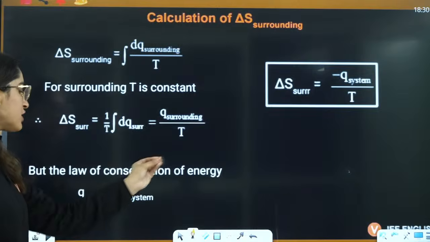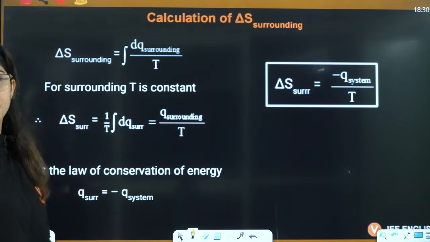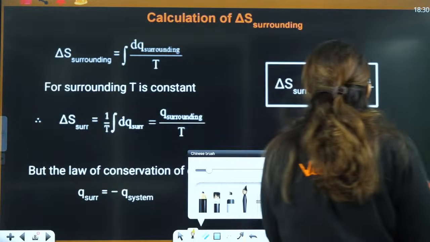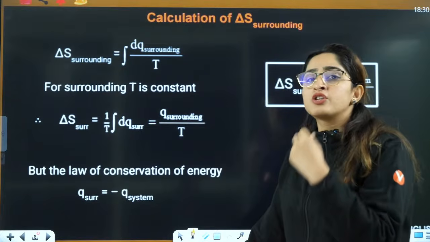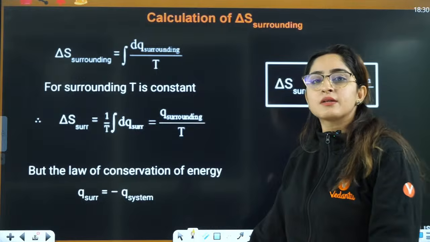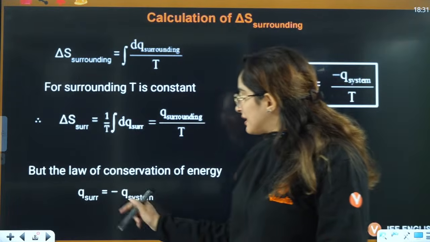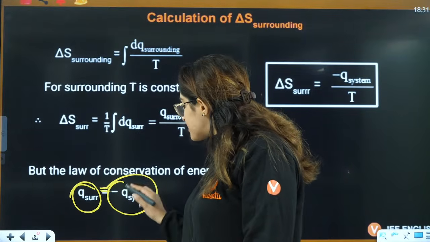But the law of conservation of energy states that Q of surrounding is minus of system. According to the law of conservation, if the system is giving some energy to the surrounding, then Q of surrounding should equal minus of what the system is giving.